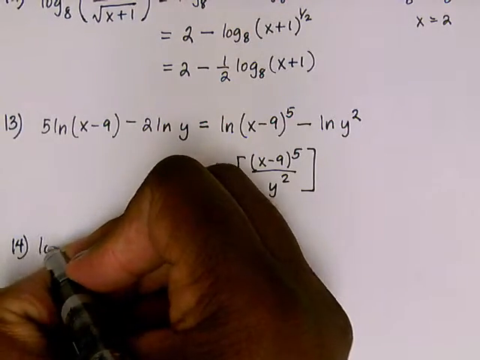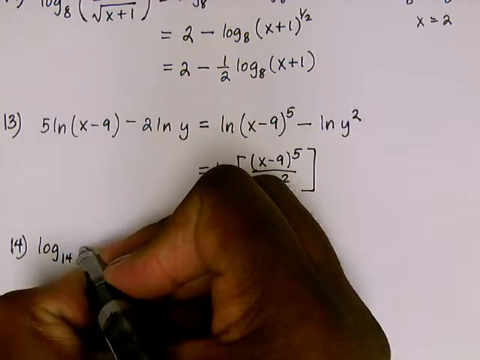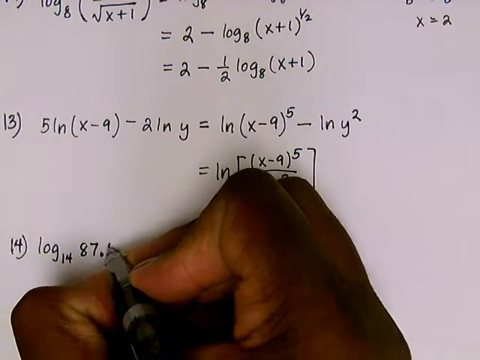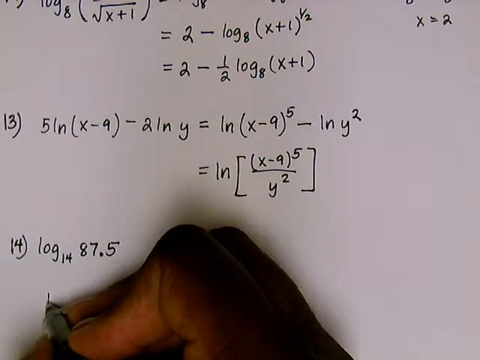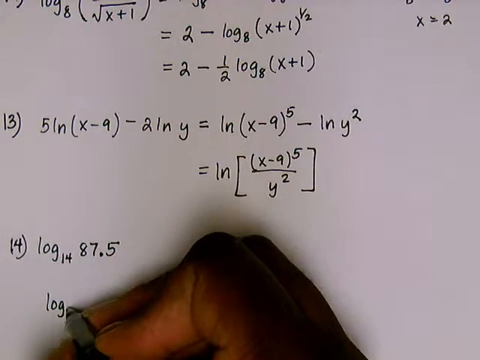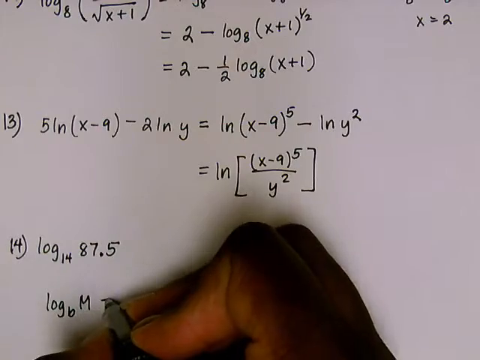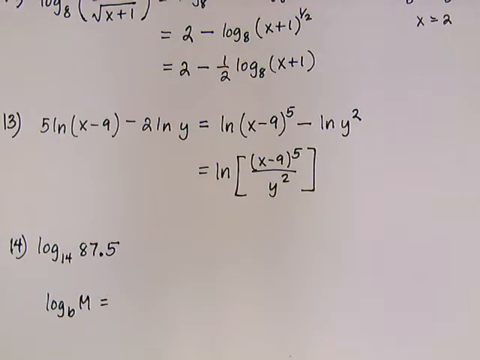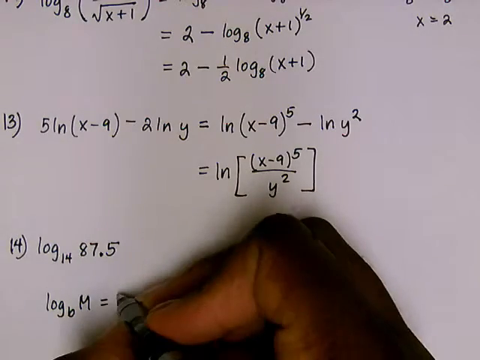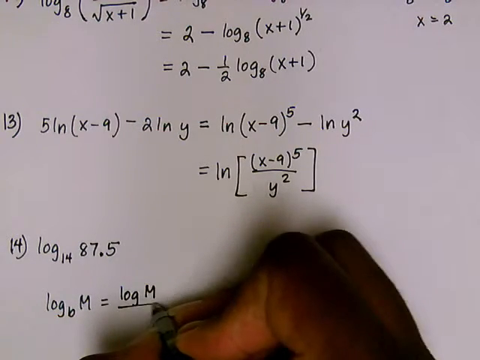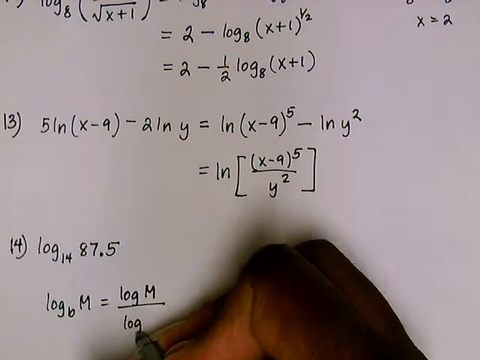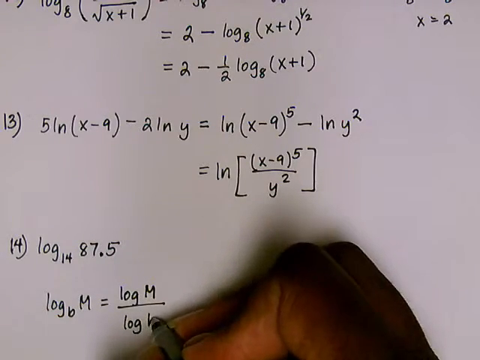So here we got log to the base 14 of 87.5. So that means we can use log to the base b of m, and this is using common logarithms where the numerator will be the log of whatever you're taking the log of in the first place, divided by the common logarithm of our subscript, which is your b.